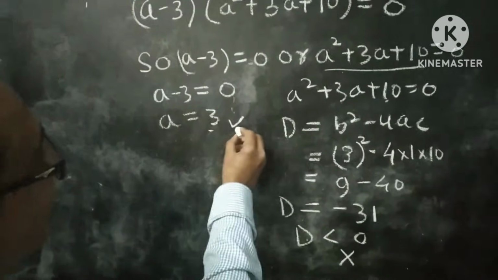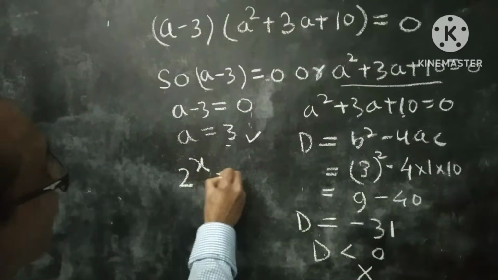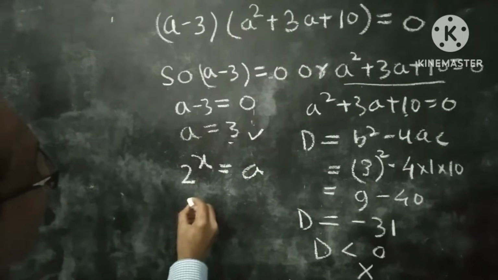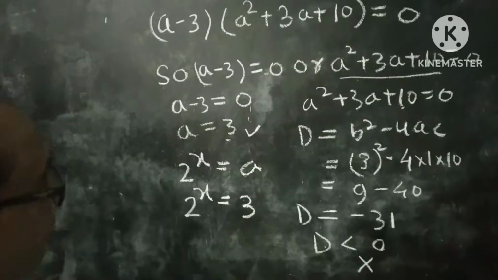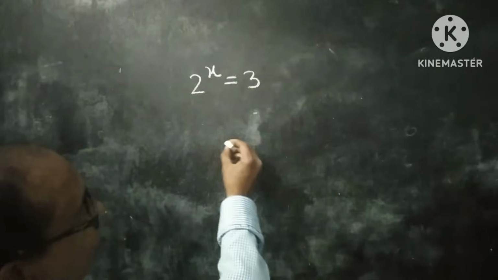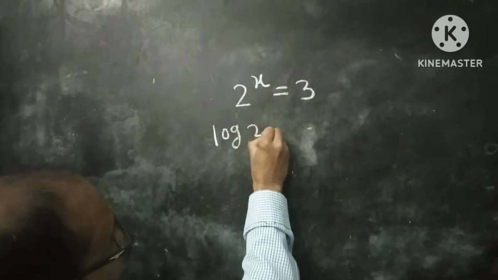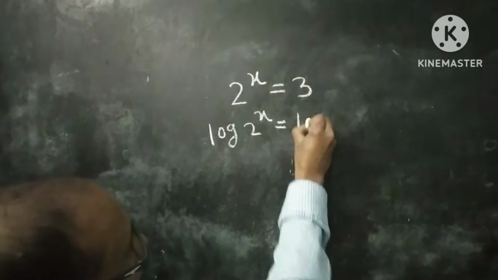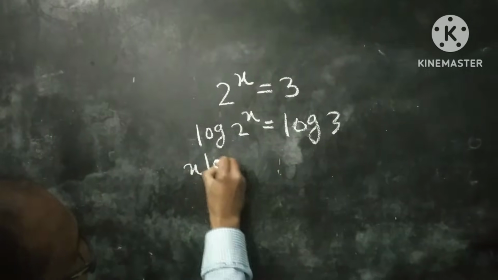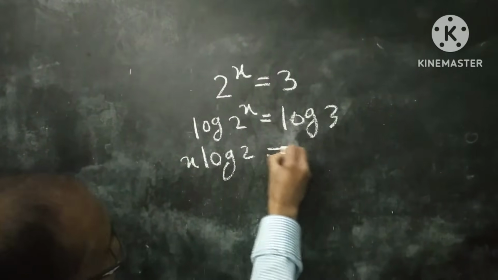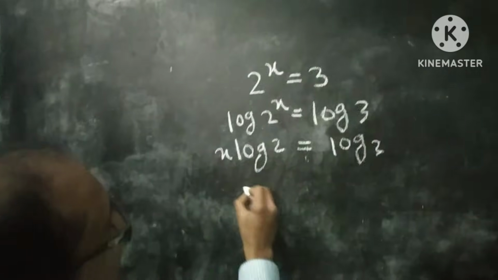Now a equal to 3. We have assumed 2 to the power x as a, so 2 to the power x equal to 3, putting the value of a equal to 3. Now taking log both sides, log 2 to the power x equal to log 3, or x log 2 equal to log 3. Now we divide by log 2 both sides.